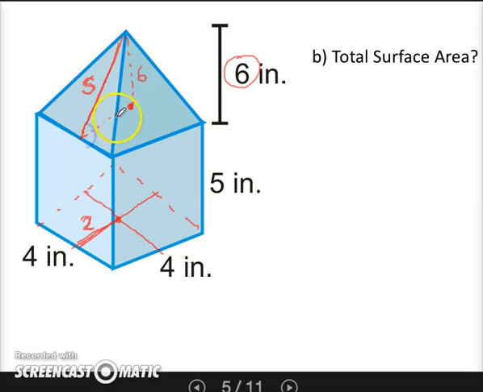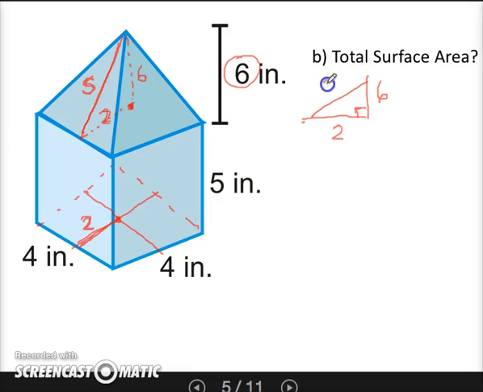We could do the same thing with the base of this pyramid. I didn't draw it up here because that would get kind of messy. So I'm going to come over here and draw this triangle flat. I have a height of 6 and a base of 2. This is obviously not drawn to scale.